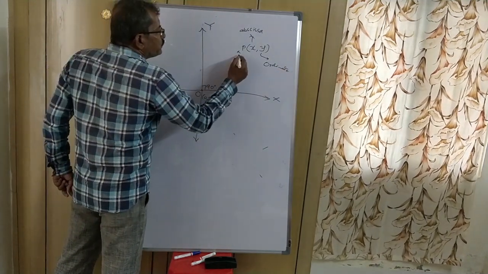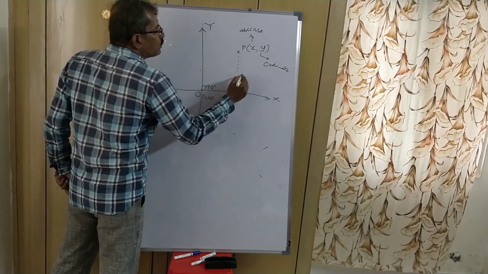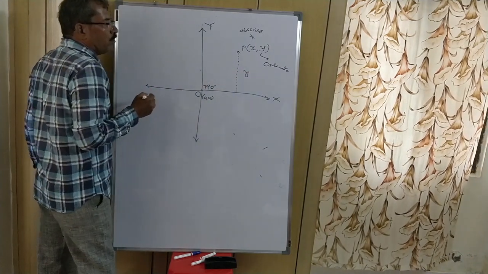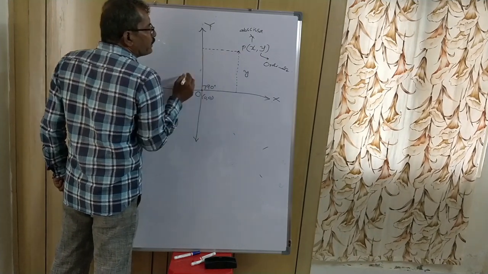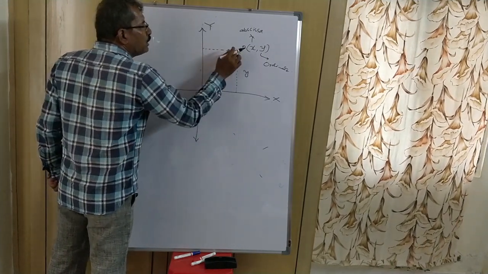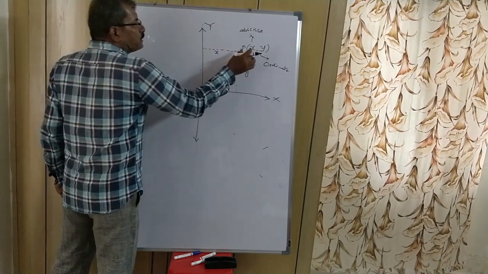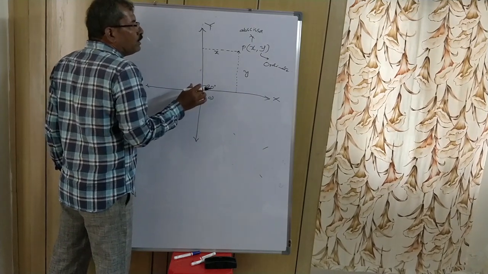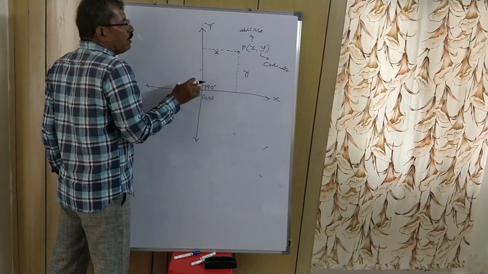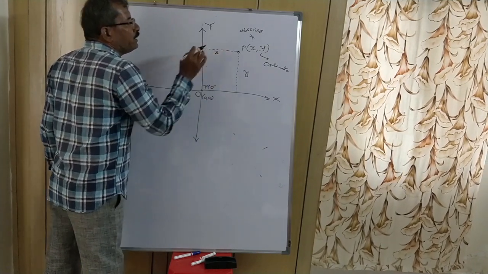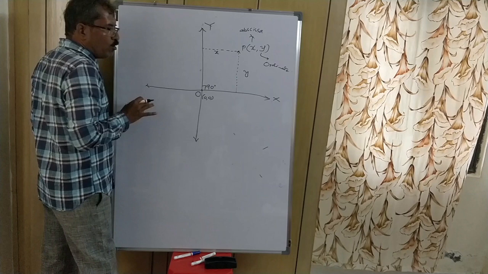The distance from the x-axis gives you the value of y, the ordinate value, and the distance from the y-axis is denoted with x. So this x, y means it has the distance from the x-axis of y units, and from the y-axis of x units. Like this you have many points in the plane.